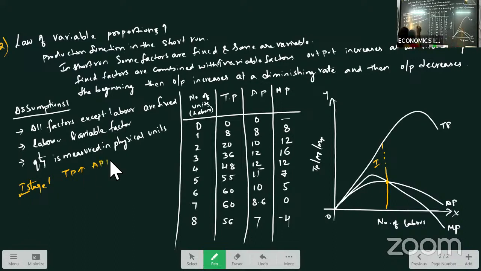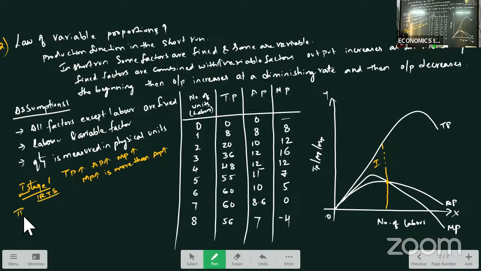AP increasing. Our AP is also increasing. MP increasing. But here we can say MP increase is more than AP increase. That is our first stage. So what we call our first stage is increasing returns to scale.